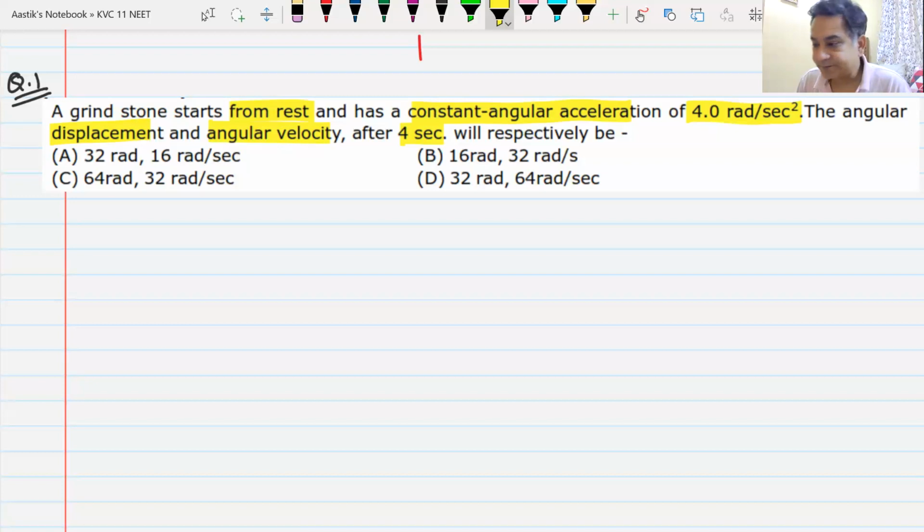Anyone with an answer for this? A, B, C, D. There are 4 options.